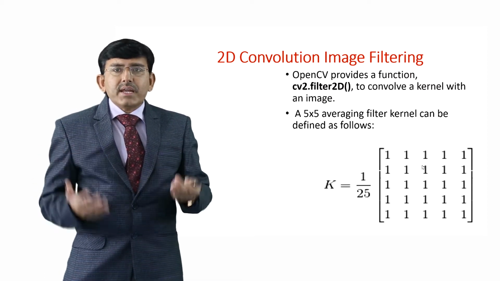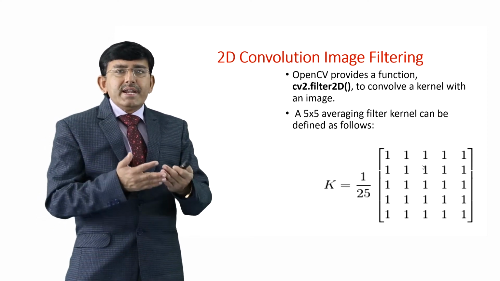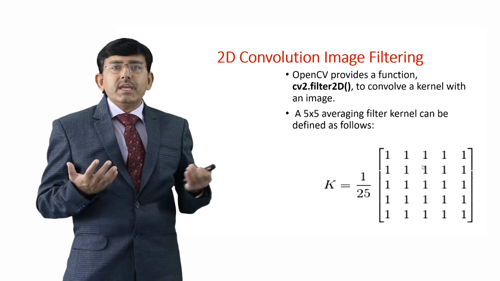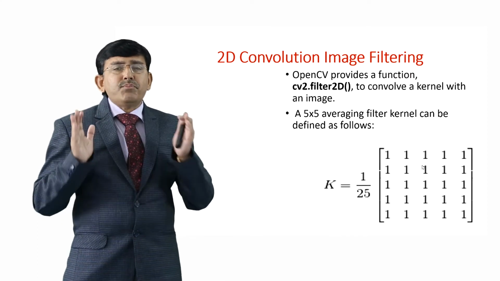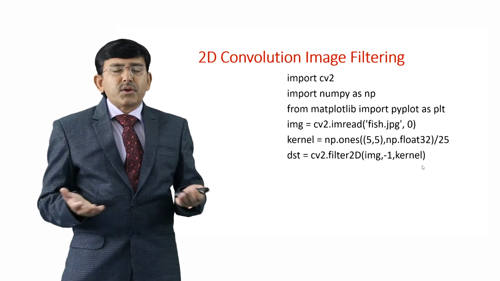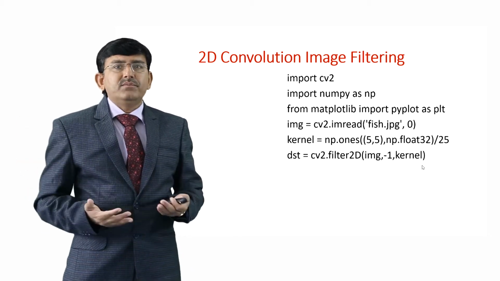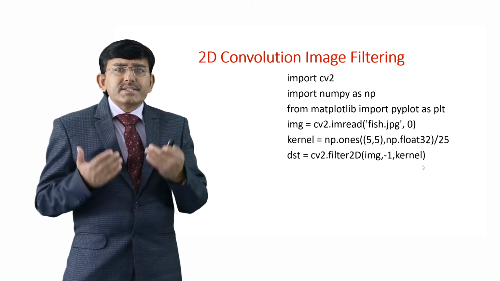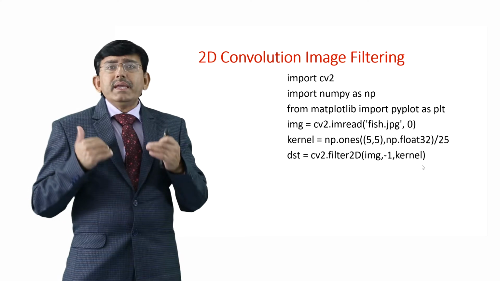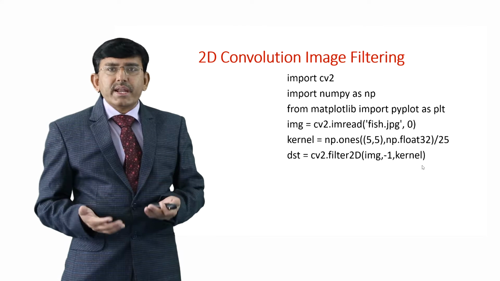Using this averaging filter, our objective is to convolve the image and get an averaged image, which will be a smoother version of the input. Such functions are especially required to remove noise, to remove blurriness from the image, and to make a uniform distribution of grayscale. Further, we now import numpy as np in this program.